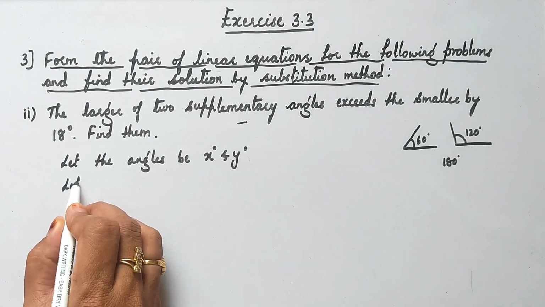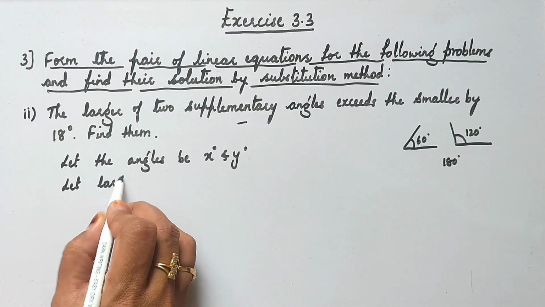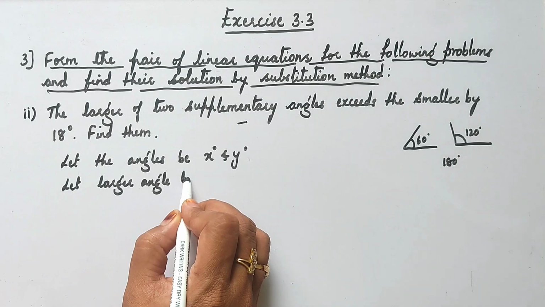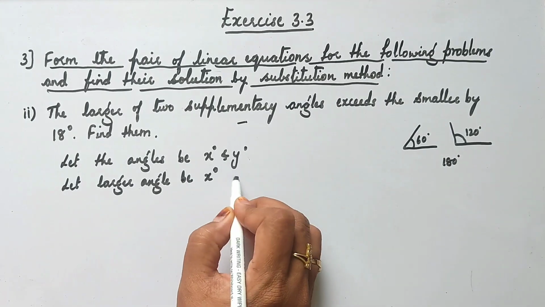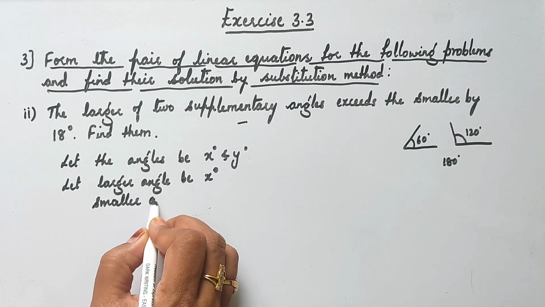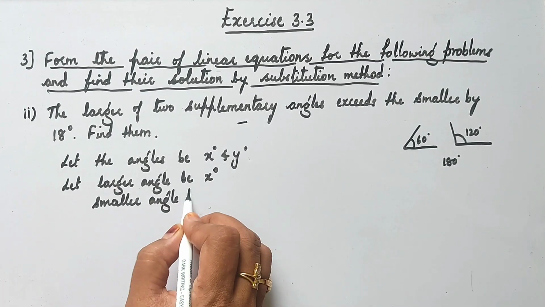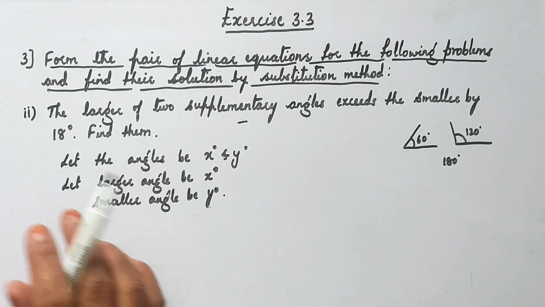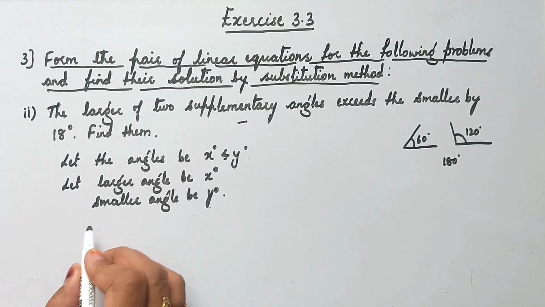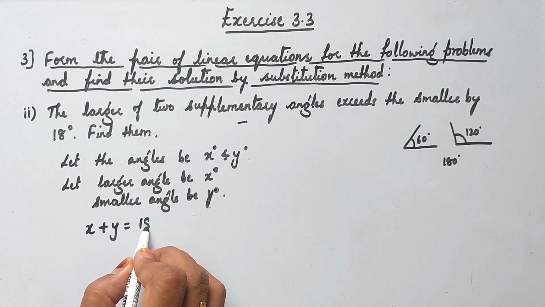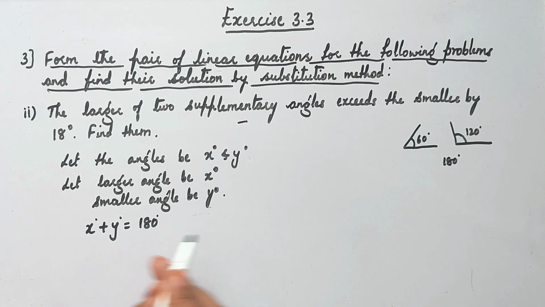Let the larger angle be x degrees and the smaller angle be y degrees. Since the two angles are supplementary, I can write x plus y equal to 180 degrees.